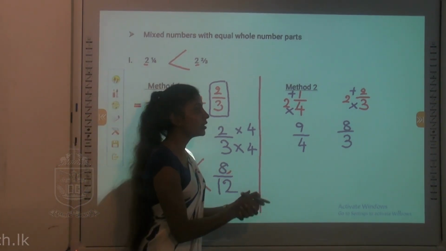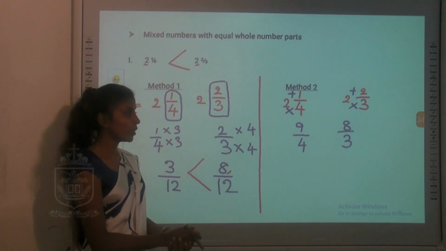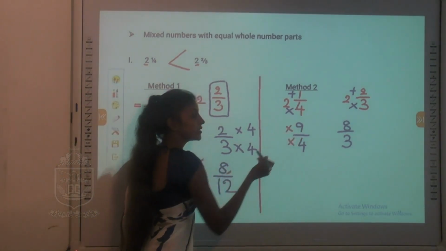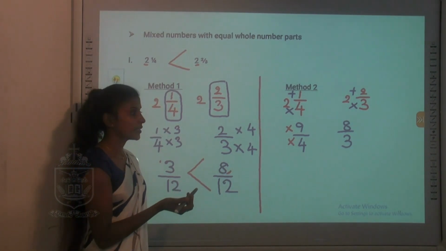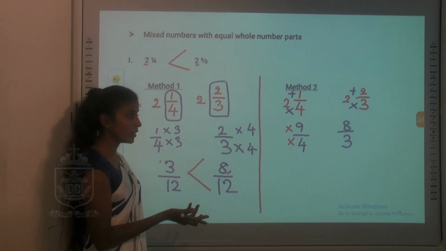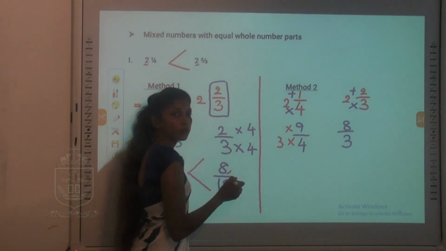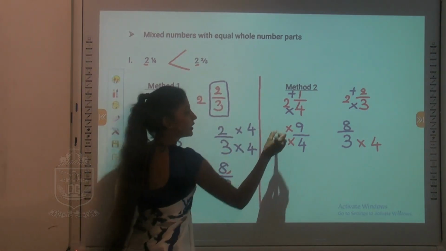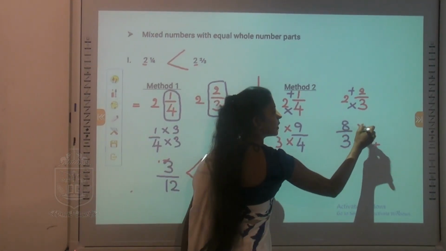Okay, so let's make the denominator common. How can we make the denominator common? We have to decide the number. What is the common number which we can make? It is easy for us to make it 12. How can we convert it into 12? 4 times 3 will give you 12. 3 times 4 will give you 12. And here also by 3, here also by 4.